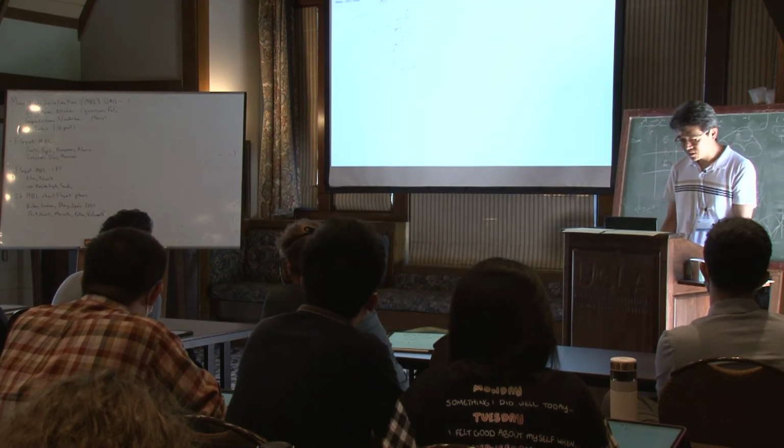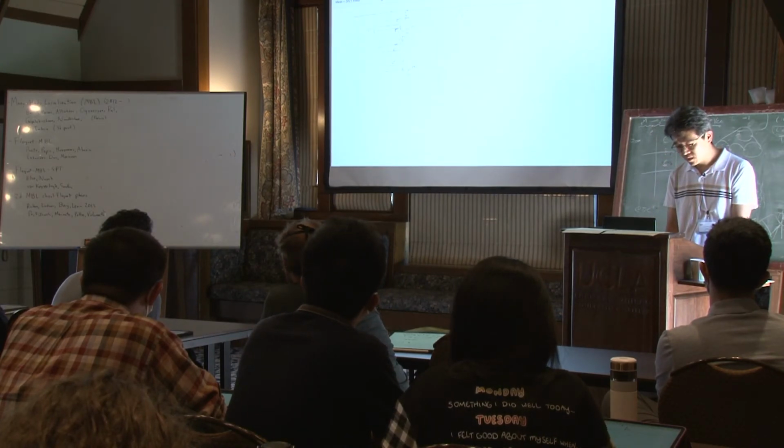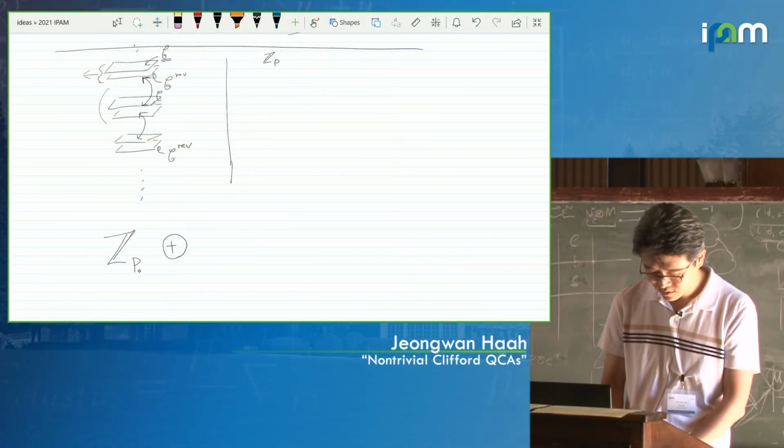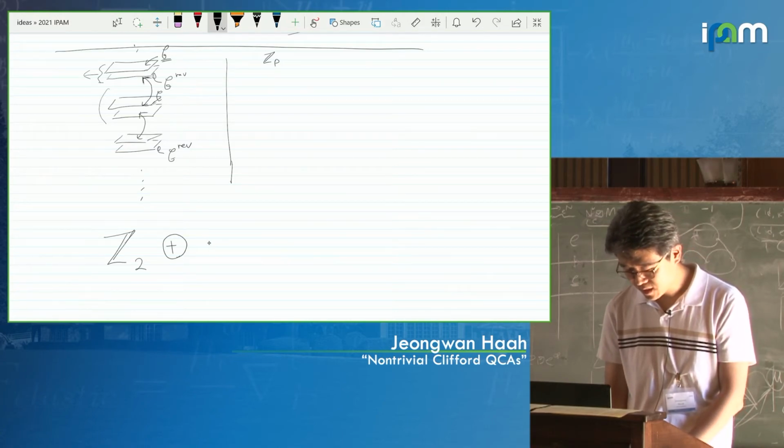So using this construction, you end up with the group of QCAs that looks like this.